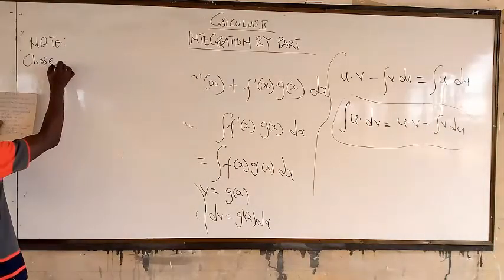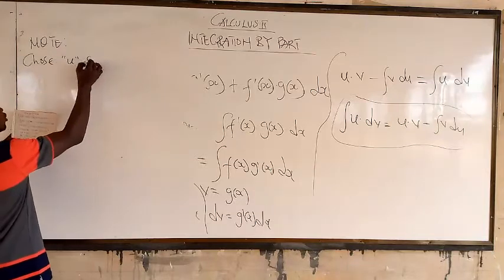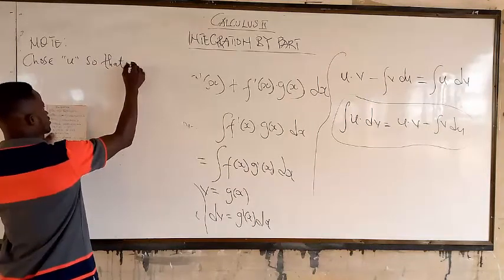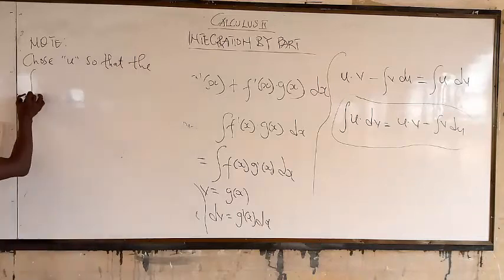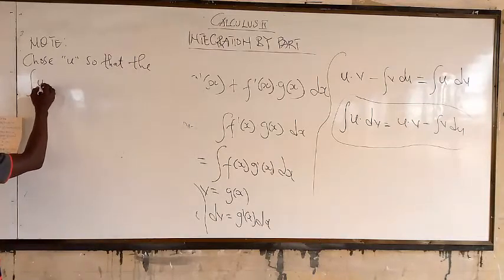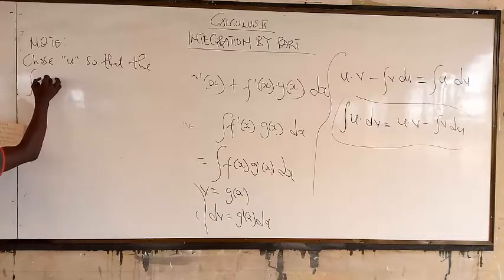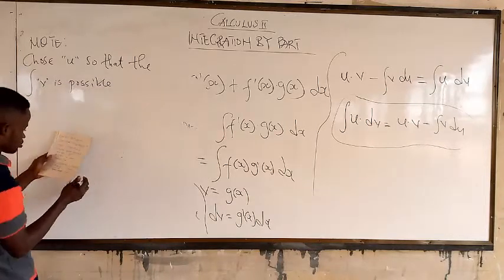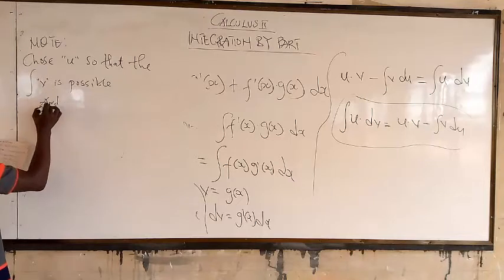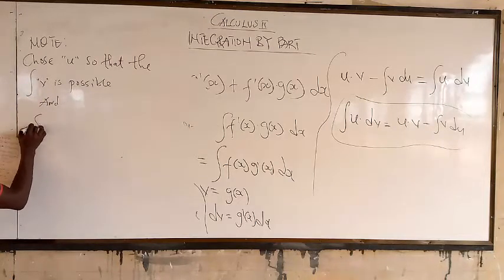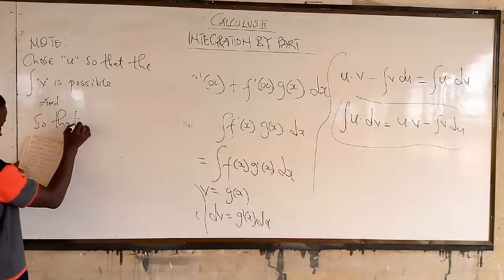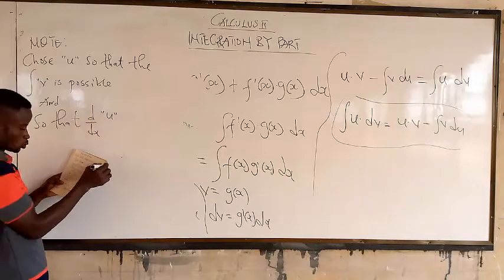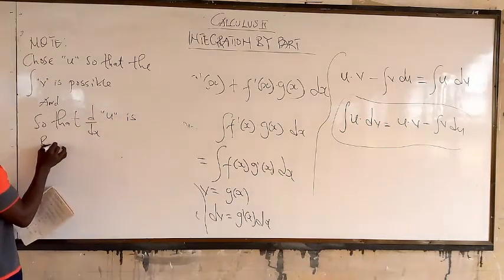Note, choose u so that the integral of v is possible, and so that the derivative of the u is better.